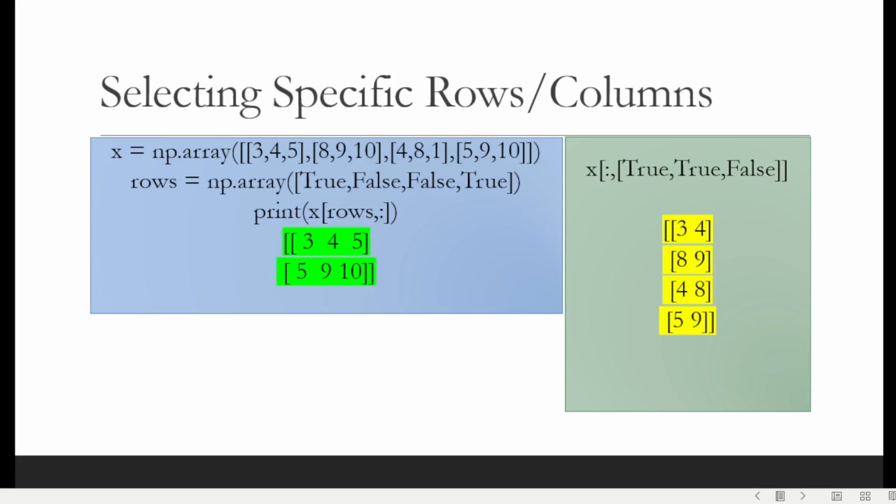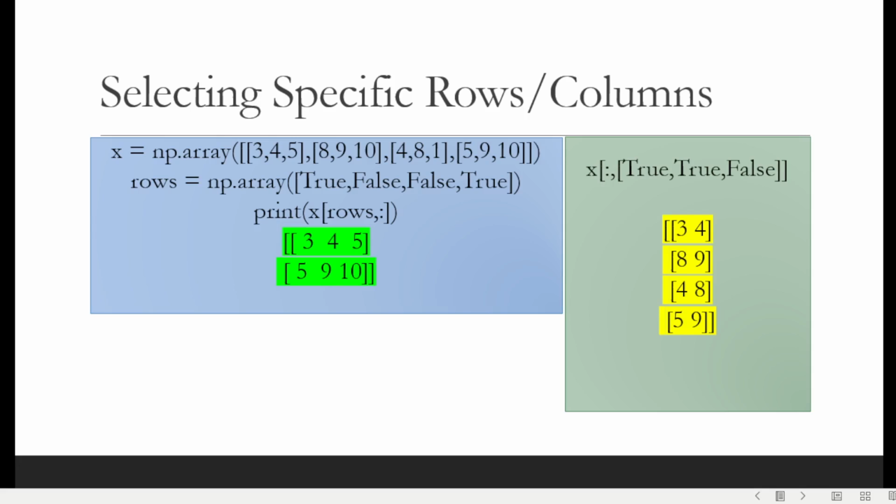Here is another array, a two-dimensional array. Here we want to select some specific rows and columns. This array contains 4 rows and 3 columns. Here is another NumPy array called rows, in which there are 4 elements, 2 true and 2 false.